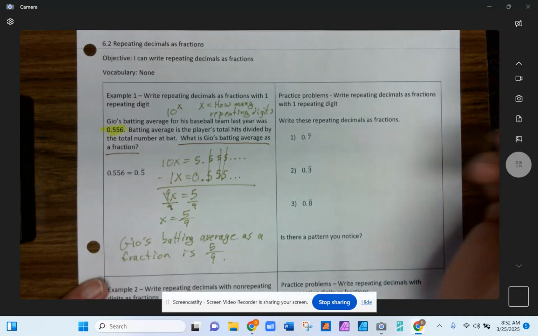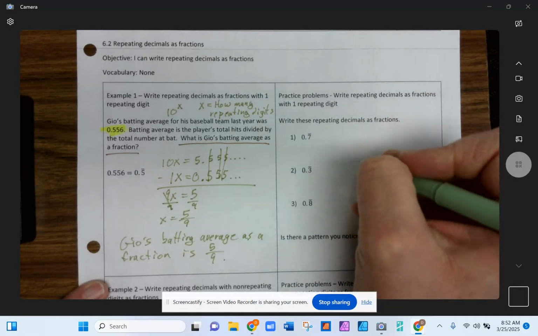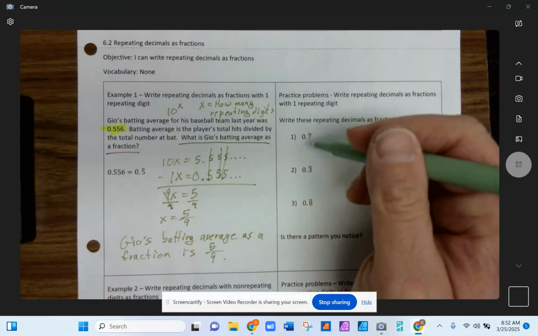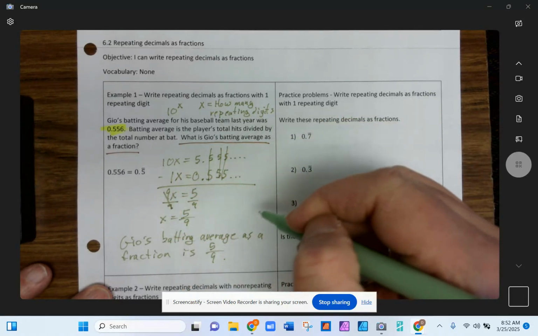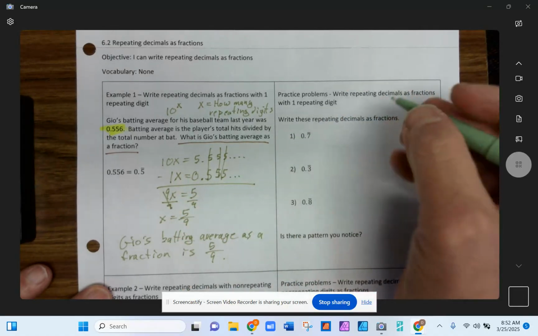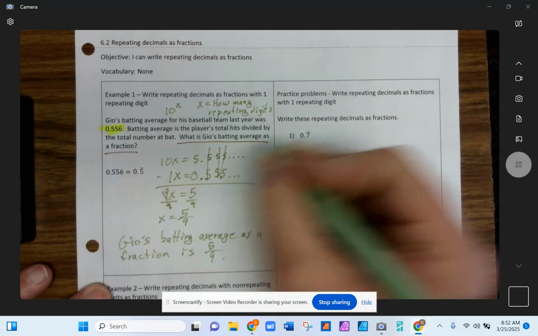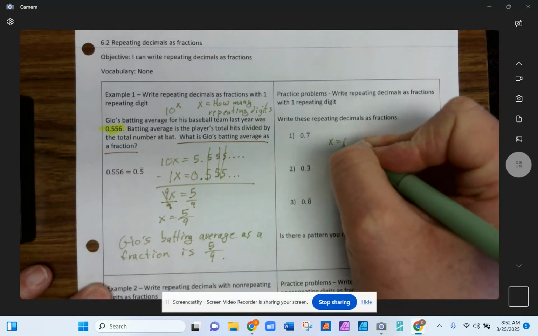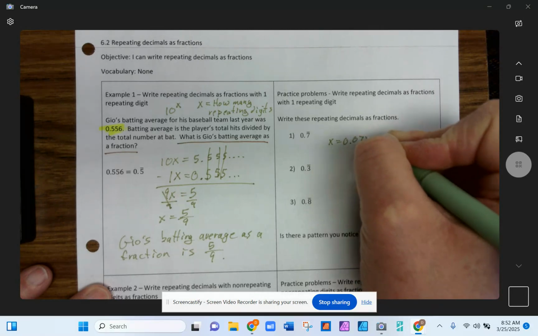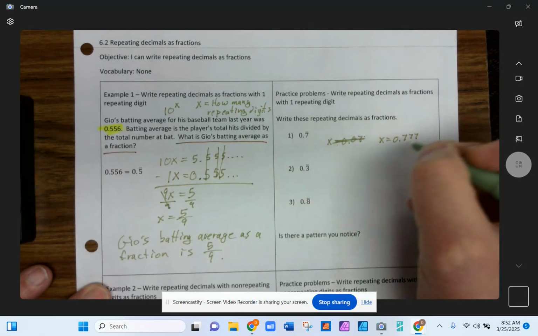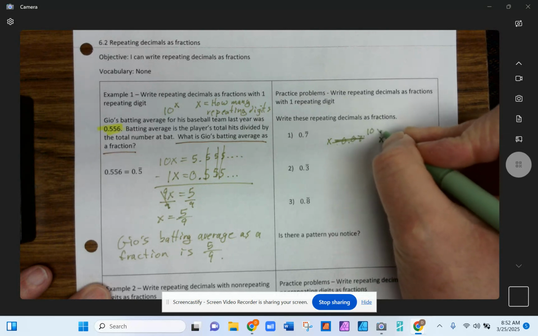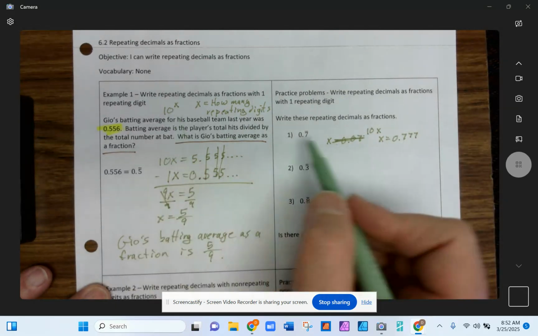Okay. So now we've got a couple practice problems. I will go through these, but you should probably try to attempt these on your own before you look at the explanation, okay? The idea is it's going to be the same thing. Sorry, my bad: x equals 0.7 repeating, and then you multiply it by 10 on each side.